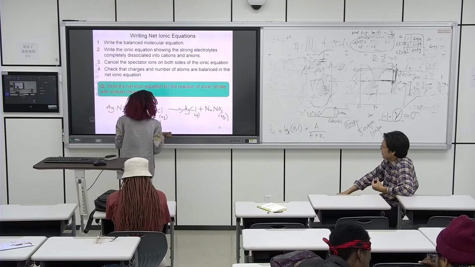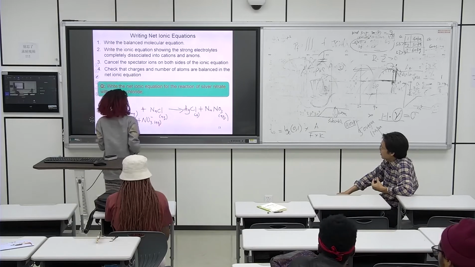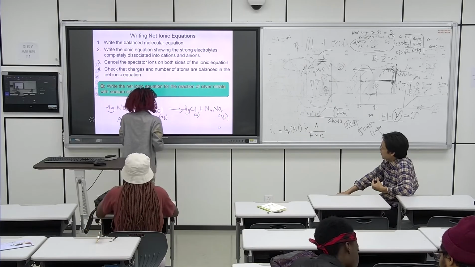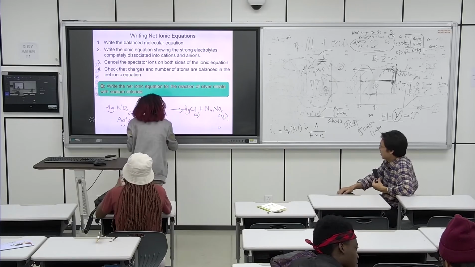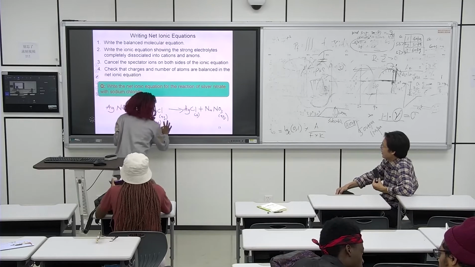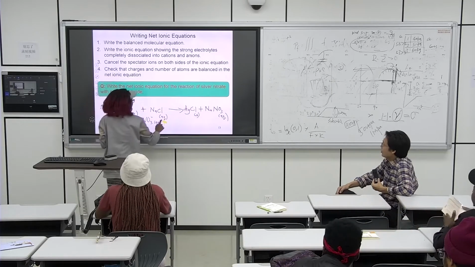Click again. It's okay. Then let's click this one? Or this one? Silver chloride is solid. Ah, okay, the other one, the middle one. And you just select the color.